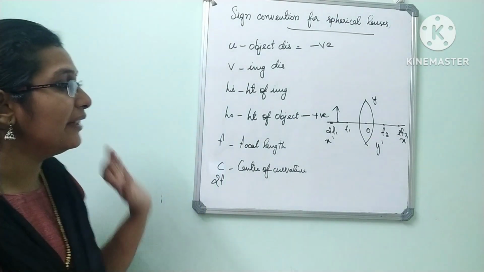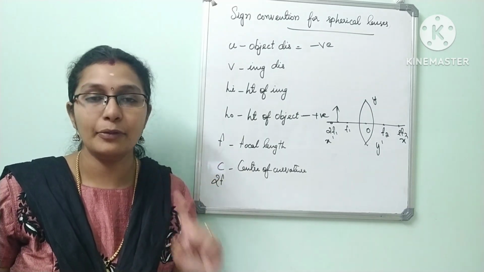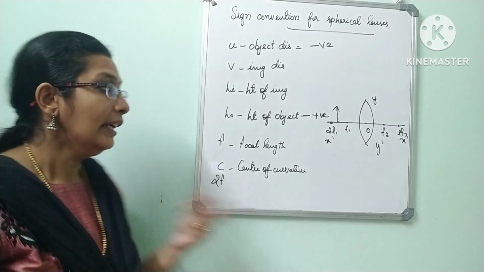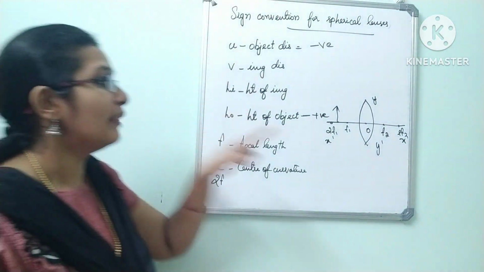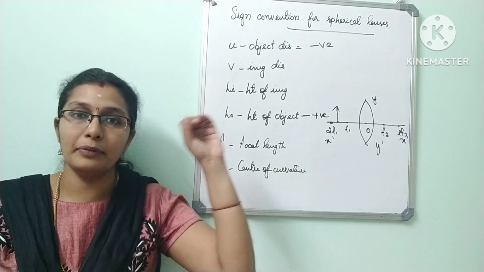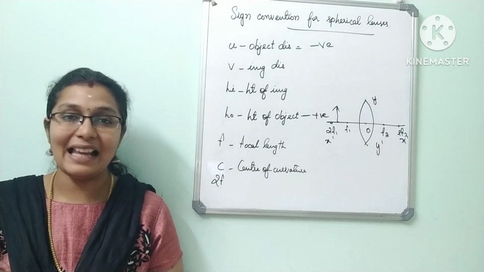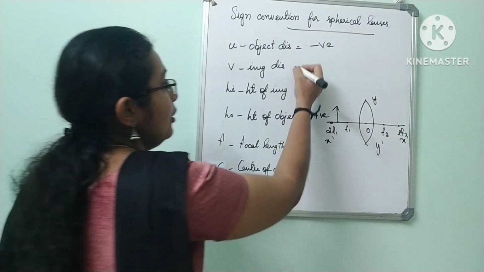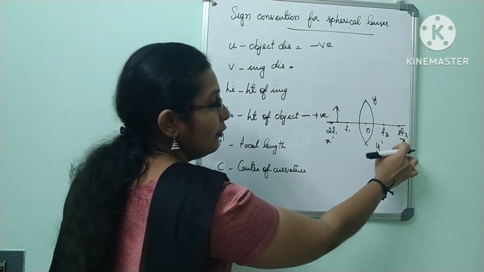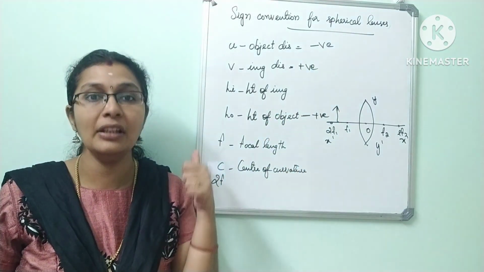Now, image distance. Image distance for 5 cases will be the same, and for the last case alone it will be different. Okay, where will your image be formed? It will be formed on the right hand side, right? For the first 5 cases the image will be formed on the right hand side, which is real and inverted. So your image distance will be positive, whereas it was negative for mirrors.